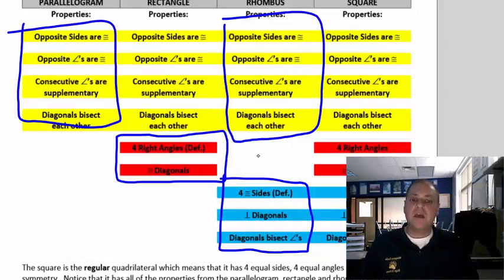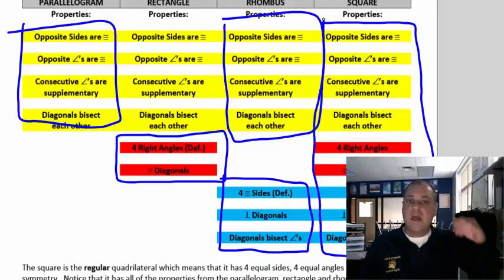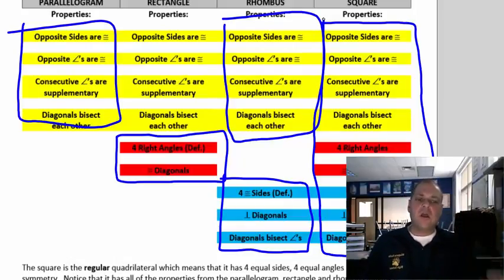A rhombus has these properties but does not have the properties of a rectangle. A square is perfect because a square has every single property: 4 right angles, congruent diagonals, 4 congruent sides, perpendicular diagonals, diagonals bisect angles. It has all the properties of a rhombus and a rectangle.